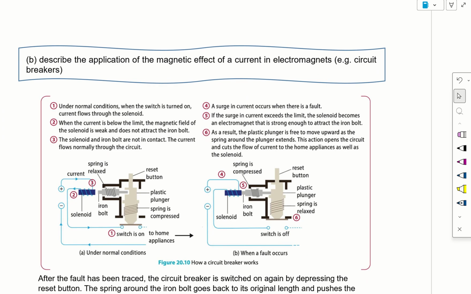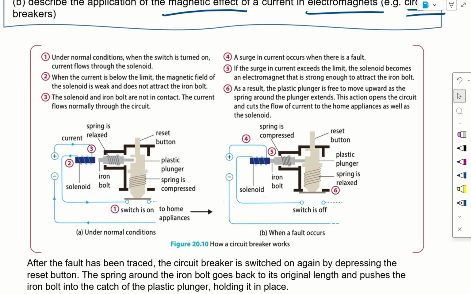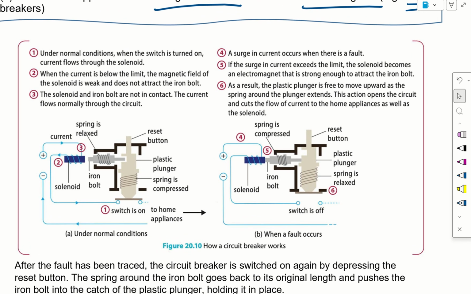Now, success criteria B, describe the application of the magnetic effect of a current in electromagnets, which is your circuit breaker. So your circuit breaker actually uses an electromagnet. However, this wasn't really explained when we were doing practical electricity. Now we'll take a look. Under normal conditions, when the switch is turned on, current will flow through the solenoid.